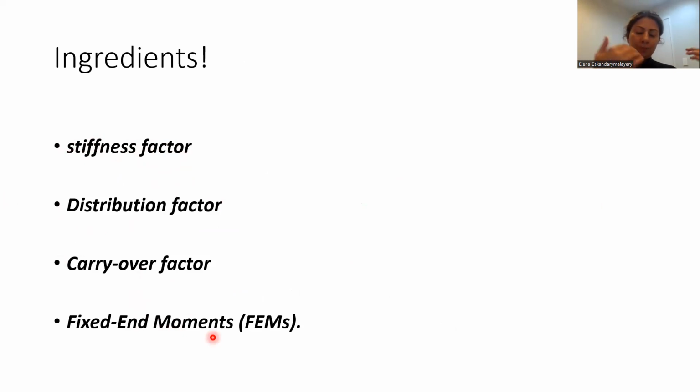Then you can use this method easily. So one of them is stiffness factor. The other ones are distribution factor, carryover factor, and fixed end moment. This is not a factor, as you can see, because we are talking about moment. It depends on the loading.